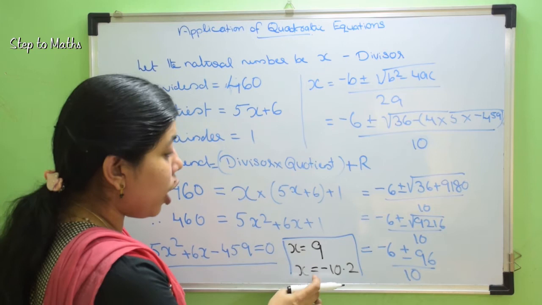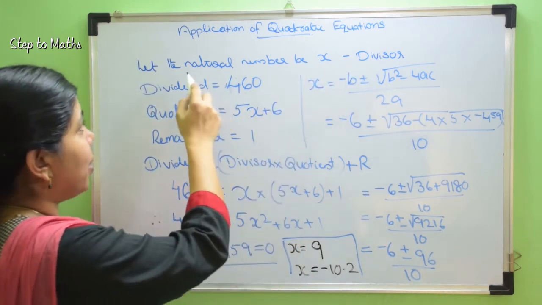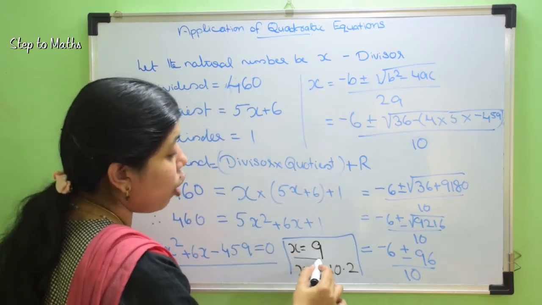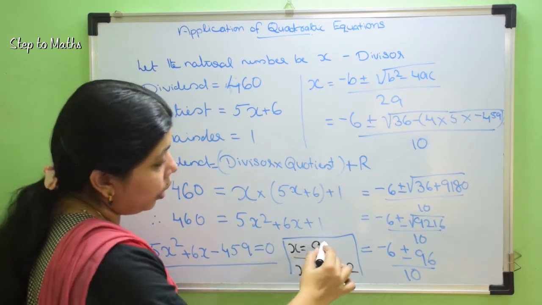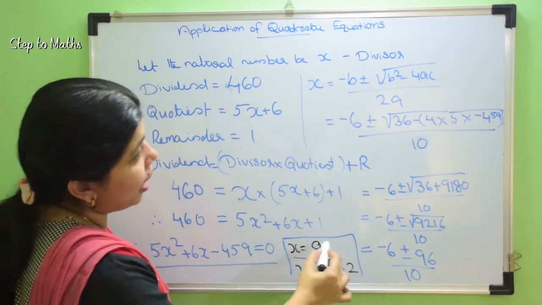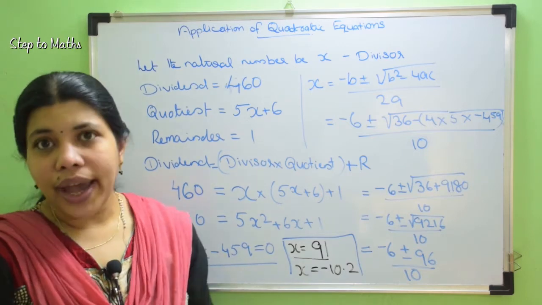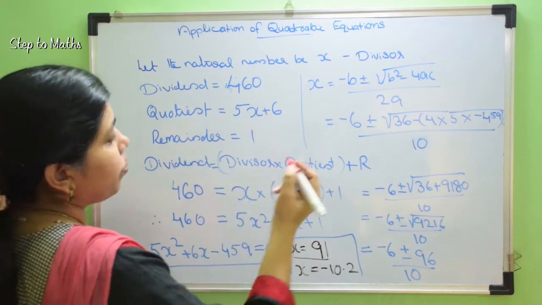We get two values of x, and x is the divisor. It is also given that it is a natural number, so the value of x is positive. So we take the positive value, that is x is equal to 9. So we can conclude that the value of x is equal to 9.